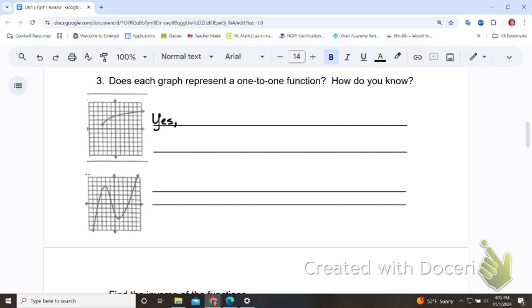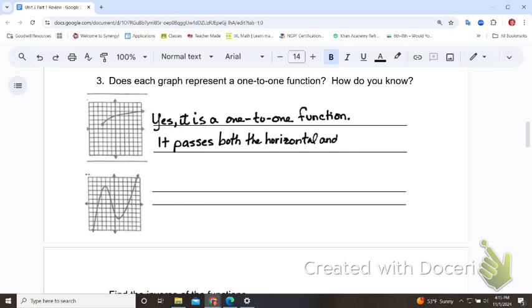so yes, it is a one-to-one function. And we could use because, or we could simply say it passes both the horizontal and vertical line tests.